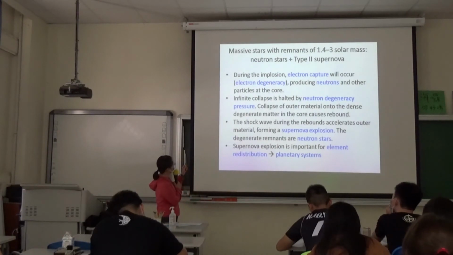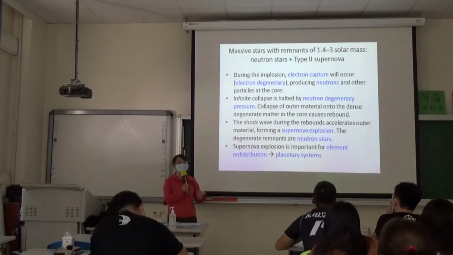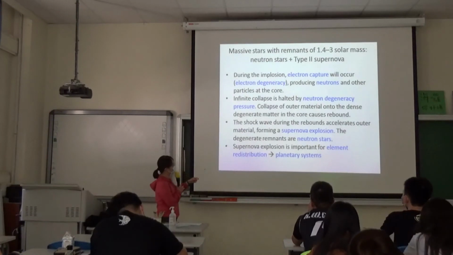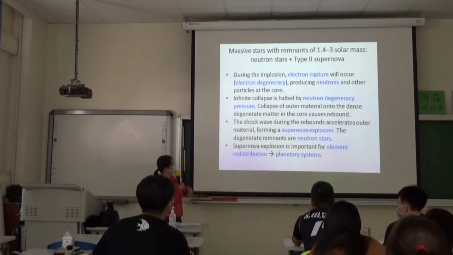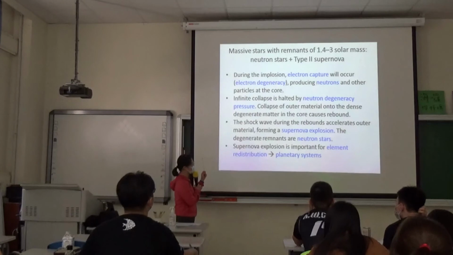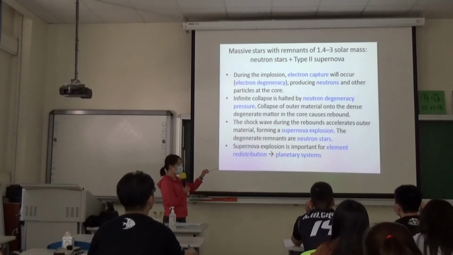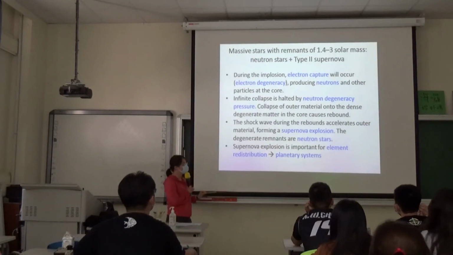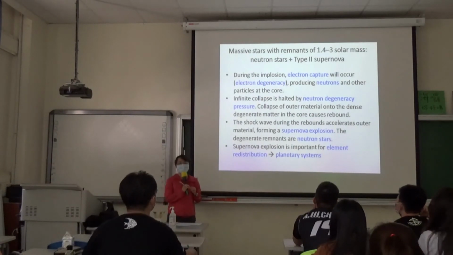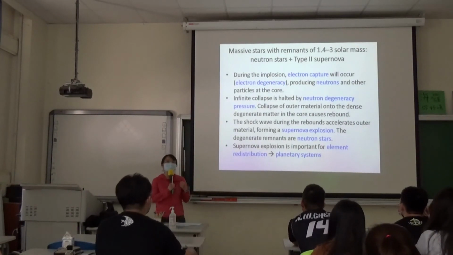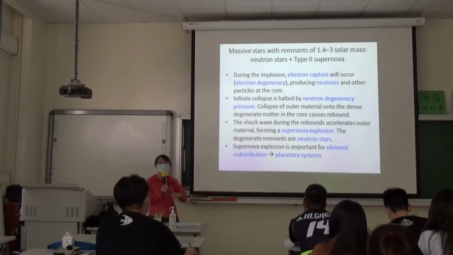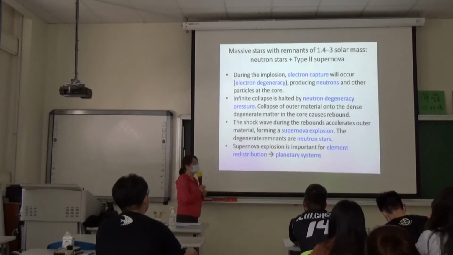And infinite, 无限的, infinite collapse is halted, stopped by neutron degeneracy pressure. So now you see there are two kinds of degeneracy pressure, the electron degeneracy pressure and neutron degeneracy pressure, which means the neutrons resist turning into other kinds of material.